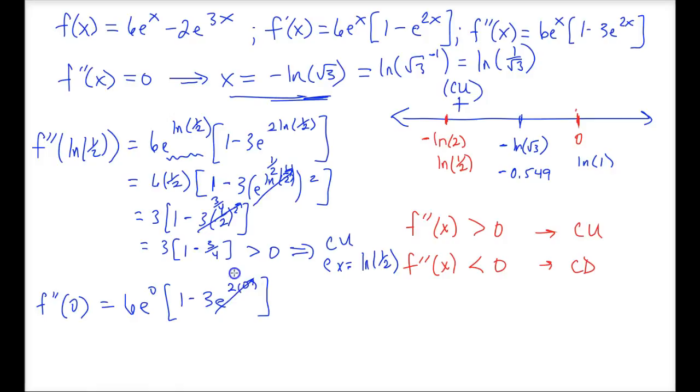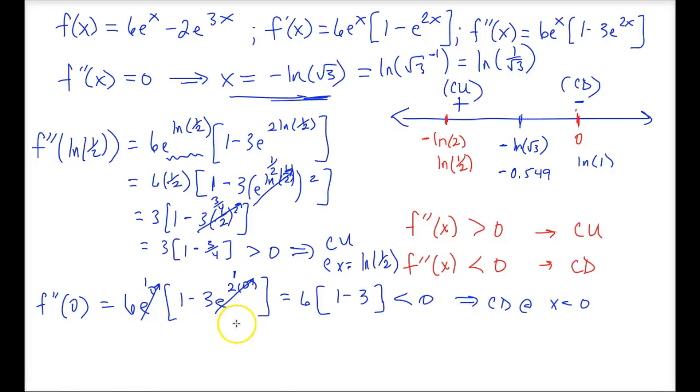Of course, all of that is just 1. So we just have 6 because this is 1 as well. 1 minus 3, and we know that that's going to be negative because 1 minus 3 is negative 2. And of course, that tells us that we're concave down at x equals 0. So negative here, which means concave down.